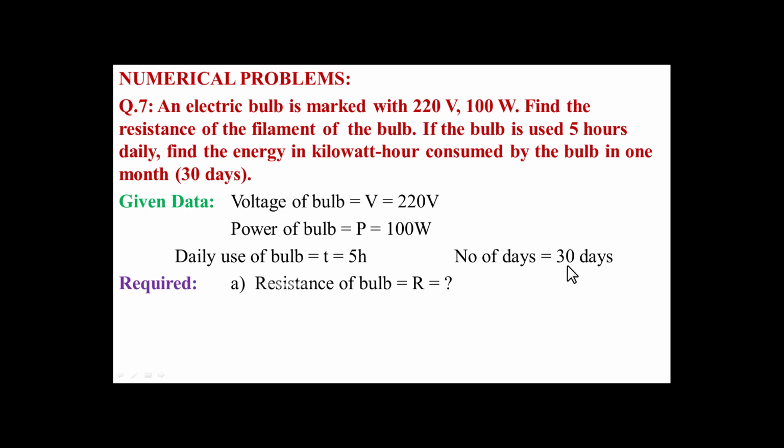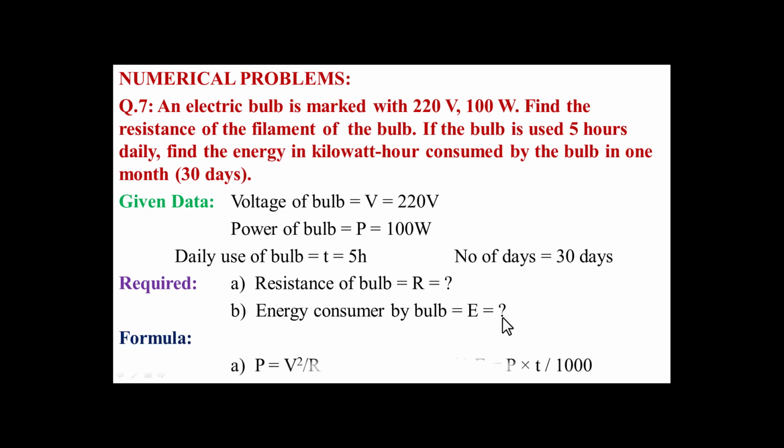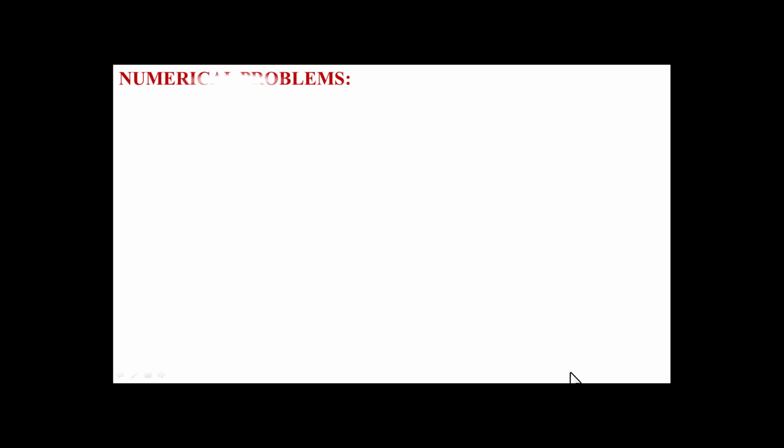Now we can calculate the resistance R is equal to question mark, and also the energy consumed by the bulb E is equal to question mark. We use the formula for the first part of the resistance, P is equal to V square upon R, and for the B part we can use the formula E is equal to P multiplied by T divided by 1000.